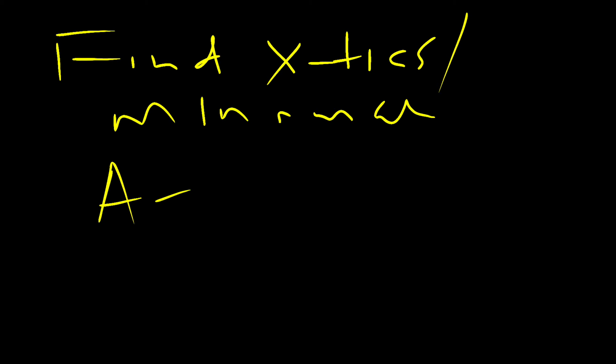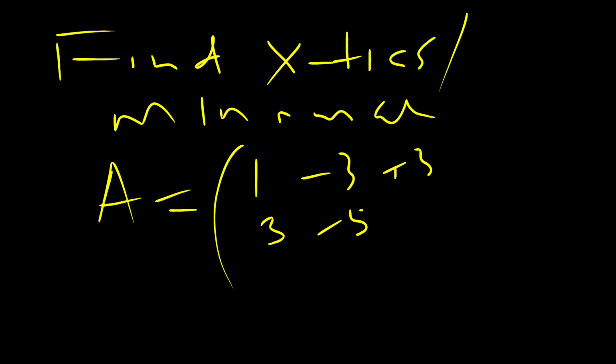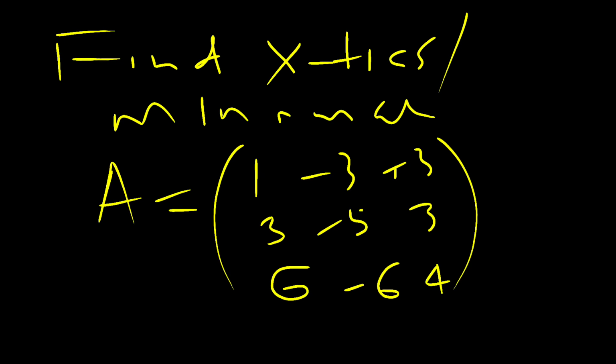matrix A, which is given as [1, -3, 3], [3, -5, 3], [6, -6, 4], we want to get the determinant to get the characteristic polynomial for this matrix, which is a 3 by 3 square matrix.